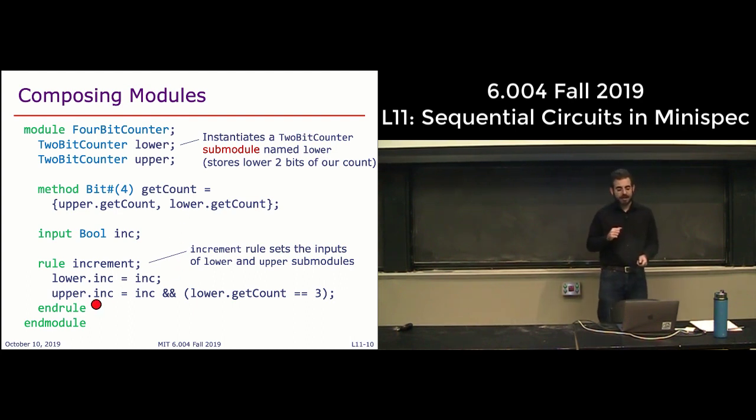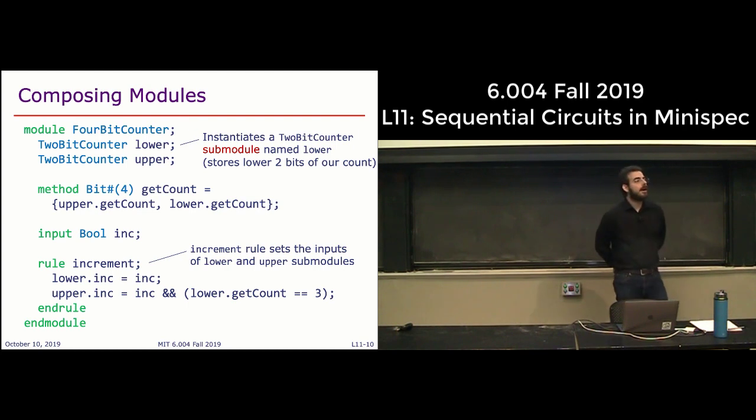What's going to happen is the 4-bit counter rule is going to fire. It's going to set the inputs to the methods of these two submodules, and then the rules of these two submodules are going to fire. So rules execute outside in, from outer modules to inner modules, and that's it.